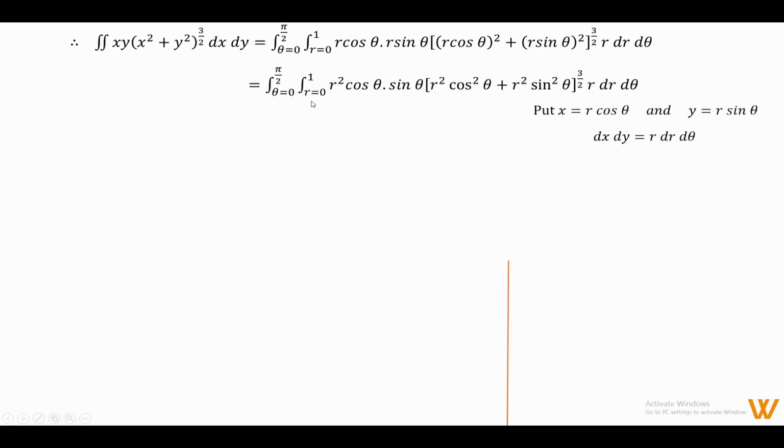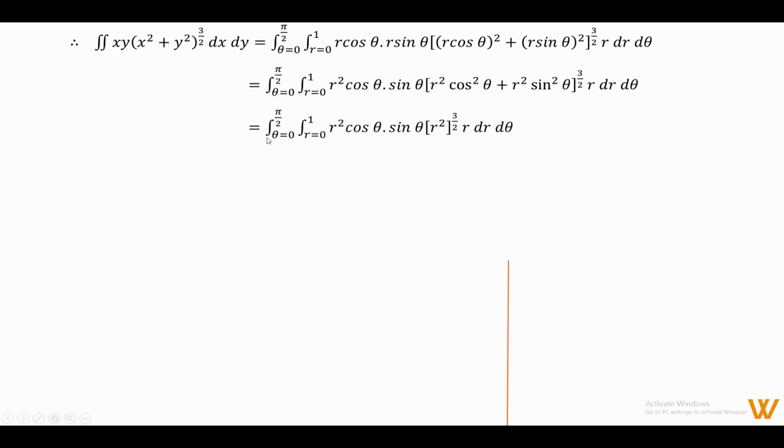Integration with limit theta varies from 0 to pi by 2, r varies from 0 to 1. This r into r becomes r square cos theta into sin theta. Inside the bracket r square cos square theta plus r square sin square theta, bracket raised to 3 by 2, into r dr d theta.